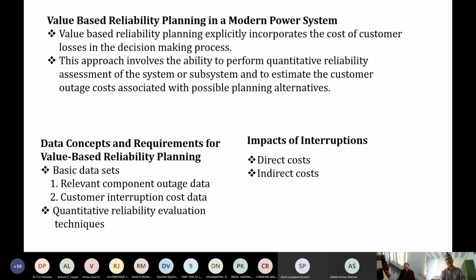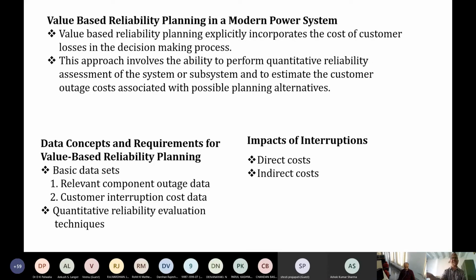But if the utility is serving poor quality or poor reliability electricity to the customers, then again there can be a backlash. So they have to defend against both scenarios. They have to avoid over investment in the system. They have to avoid under investment in the system. So they need to know investment cost.